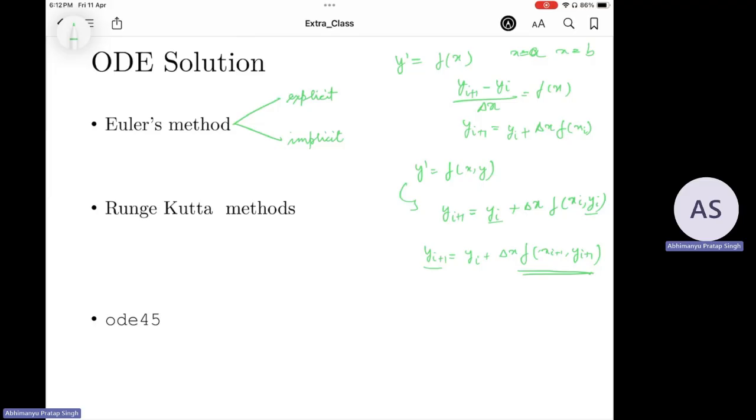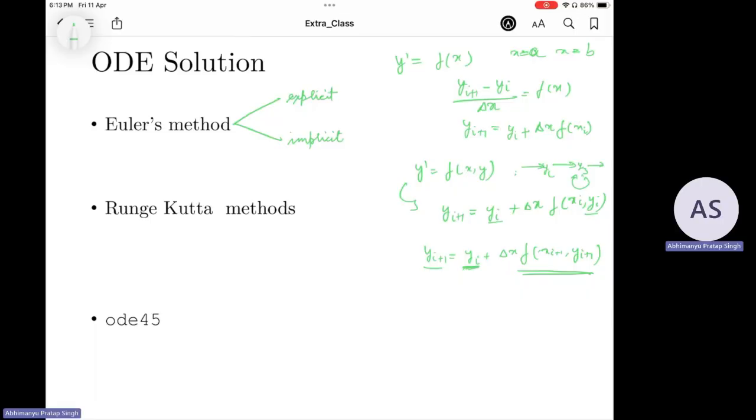These two values are interlinked together. It is not a simple process where we calculate y1, then calculate y2, and then calculate y3. For calculation of y3 we need the previous y2, but in the calculation of f we also need y3 itself. So it's like a circular dependence. Okay.